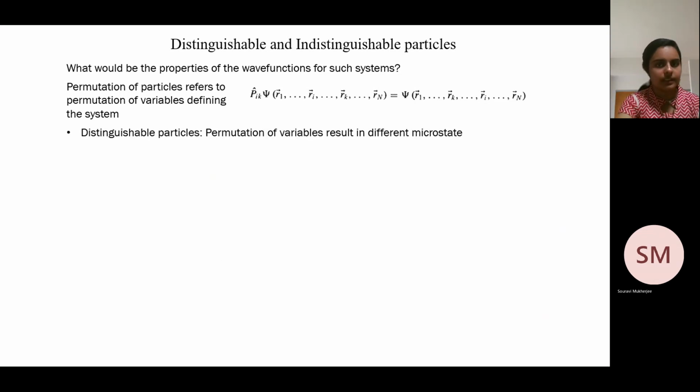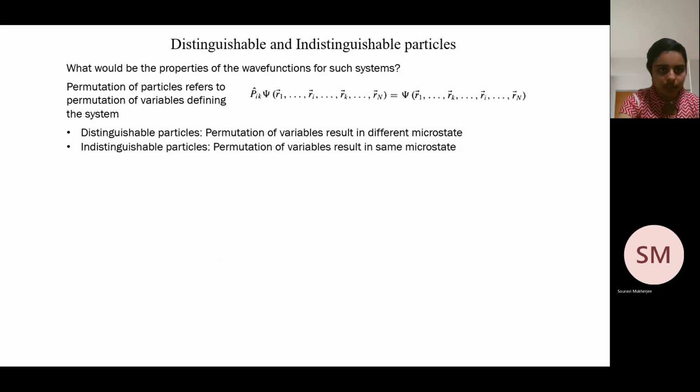That happens when the particles are distinguishable. But when you have indistinguishable particles, interchanging them won't give you any new state. So if you consider an operator Pik which results in this pairwise interchange, that would result in the same microstate.